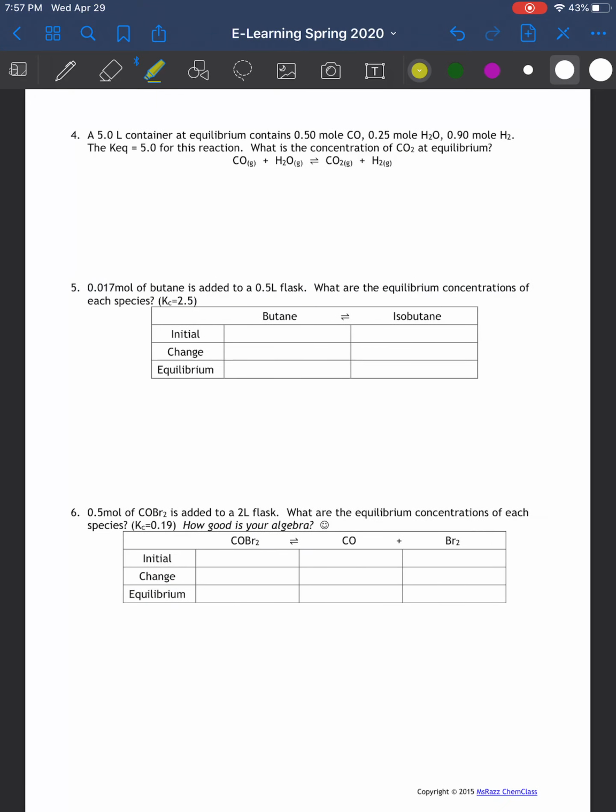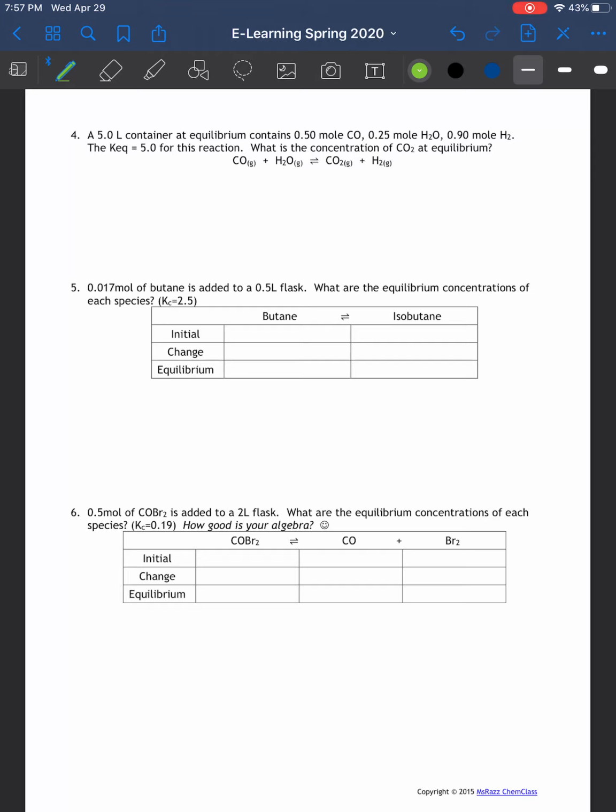Okay, so then number 4 is going to be very similar, and number 5 and 6 are using the ICE or RICE tables. Okay, so number 6 involves the use of the quadratic formula.